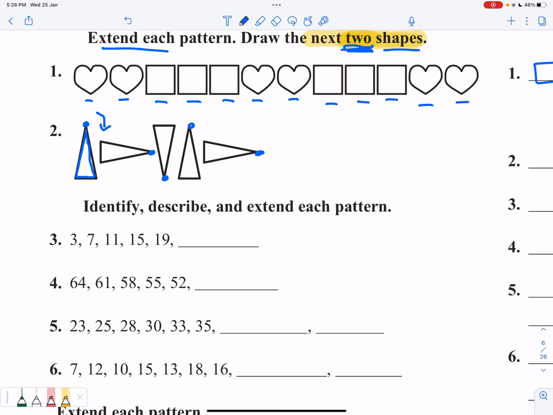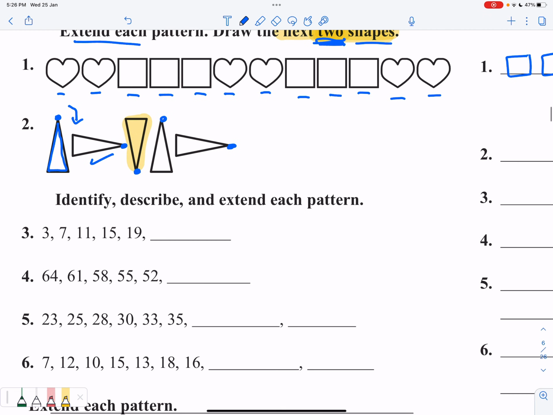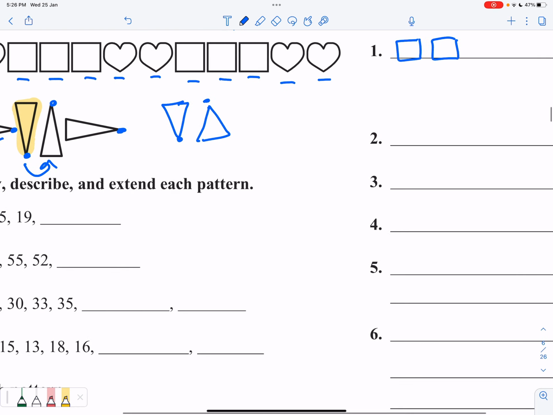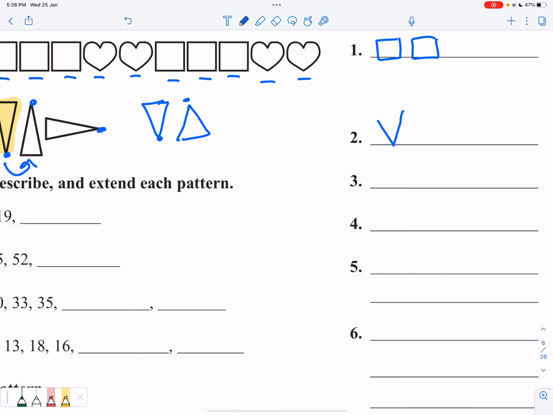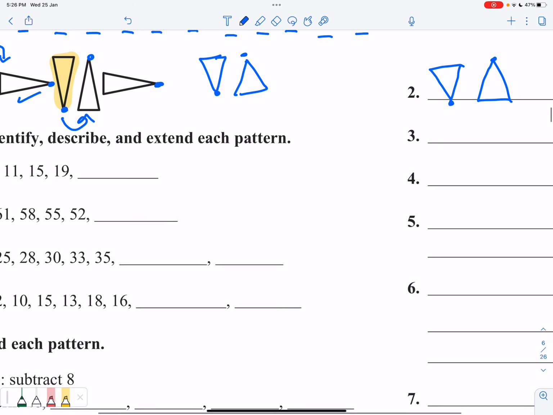After the one pointing to the right, of course we have the triangle which is pointing down. It's supposed to be next. And after the triangle pointing down, we have the triangle pointing up. So the answer here should be a triangle pointing down and a triangle pointing up, like that.